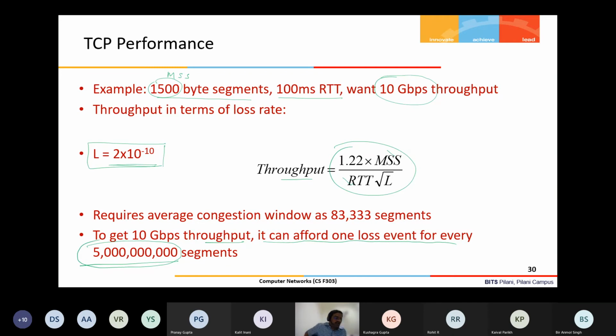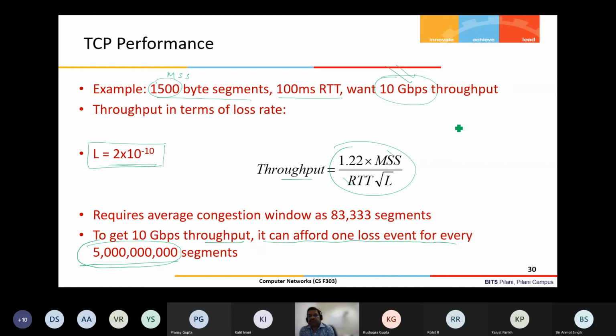The loss rate should be very small, so that's not practically possible. In other words, getting this 10 Gbps throughput is a kind of nightmare for the TCP connection. That's why TCP does not give good performance for high bandwidth delay product links.